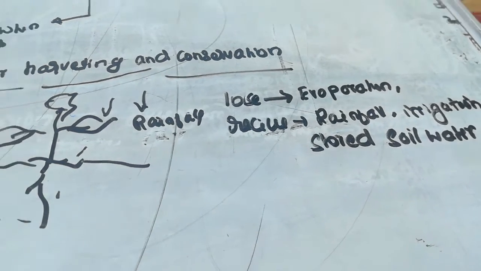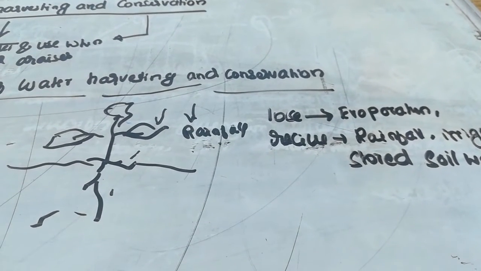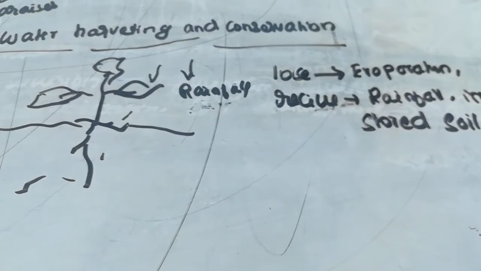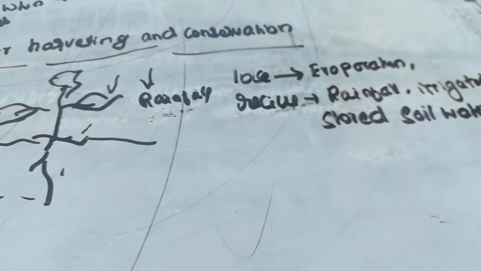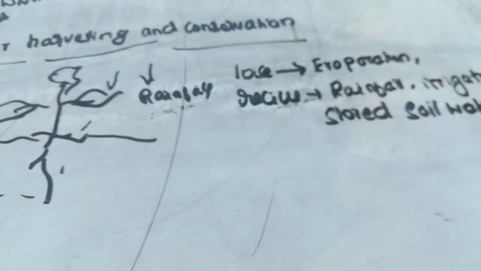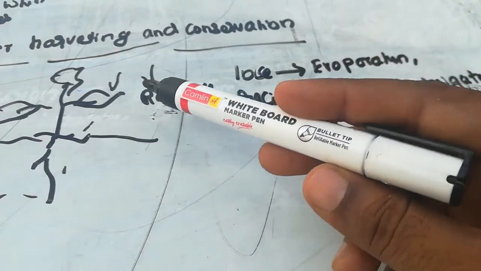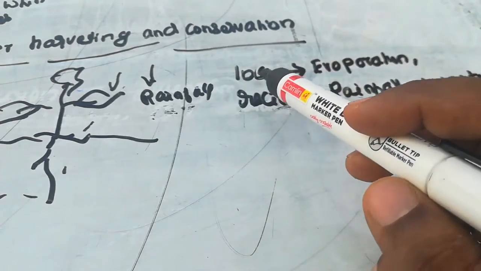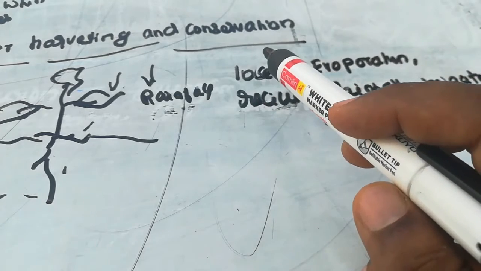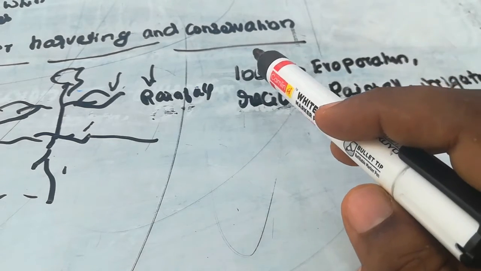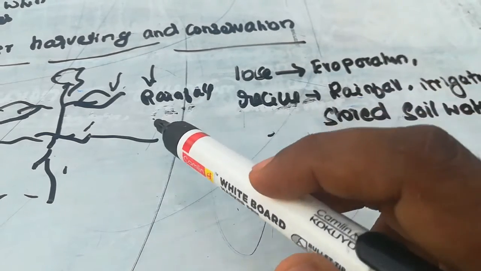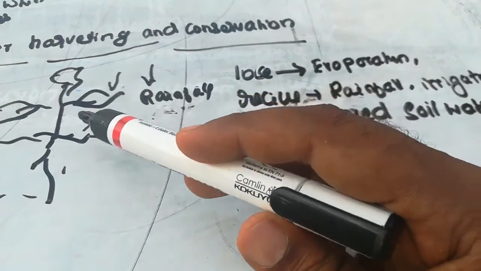These different techniques are used in deciding which techniques to use to make more efficient use of available water. It is important to consider how crops receive or lose water. Receiving means rainfall, irrigation and stored soil water, which the plant utilizes.